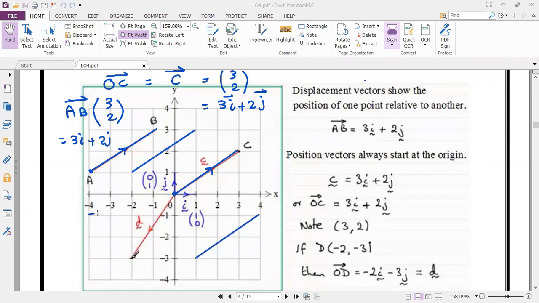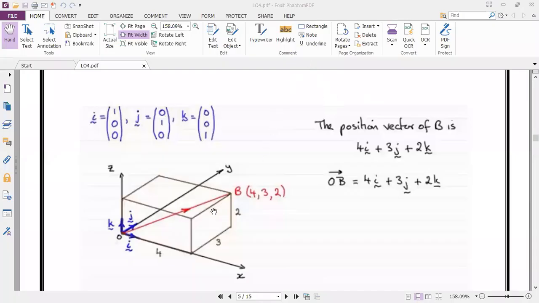So we can draw an infinite number of equivalent vectors here. But the vector C is called the position vector. Why position? We call it the position vector because the position vector always starts at the origin point.